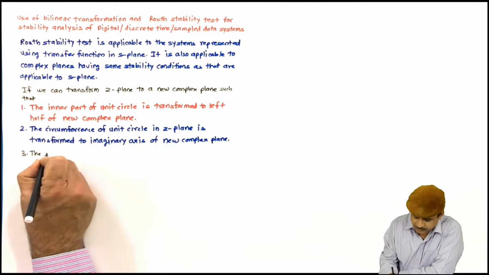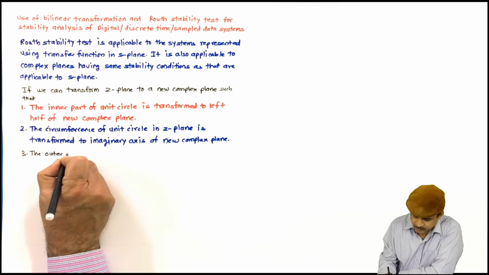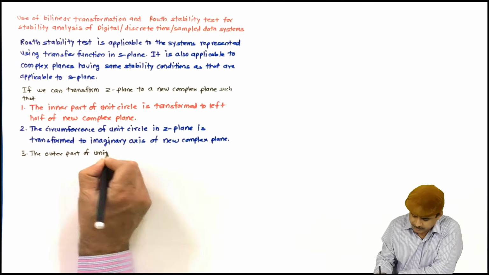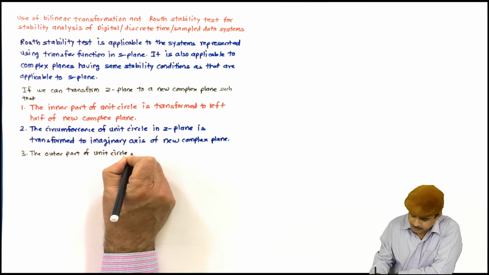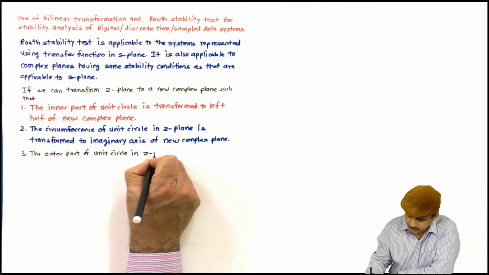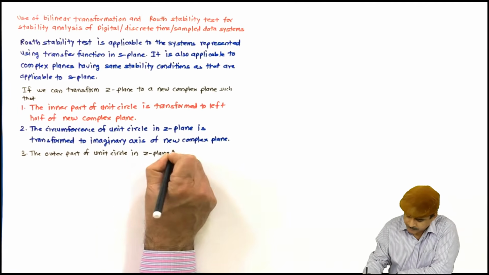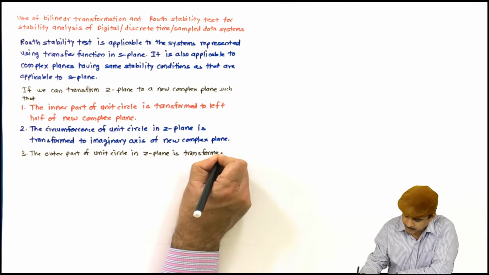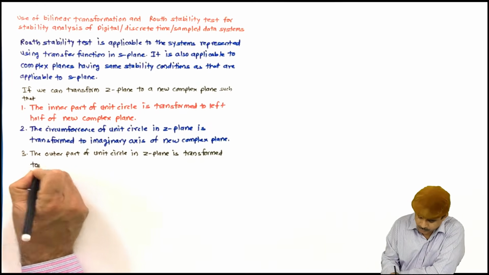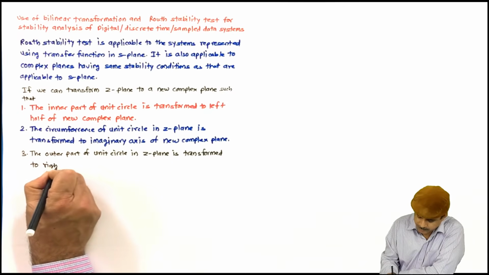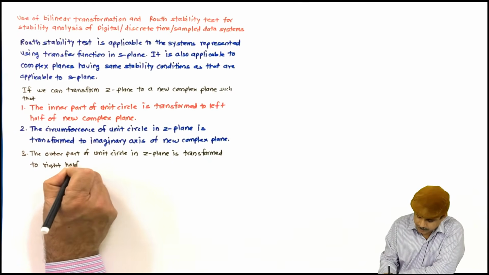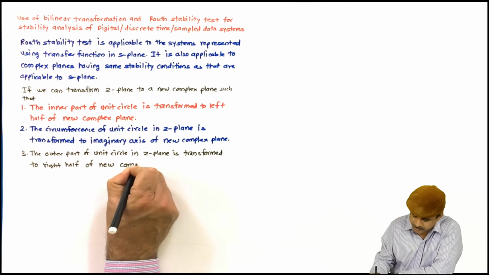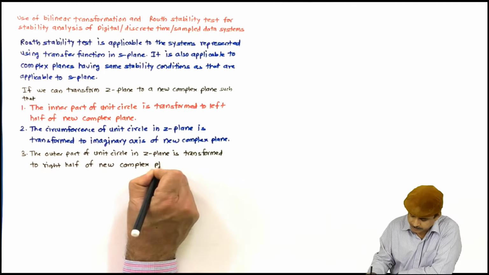And the outer part of unit circle in Z plane is transformed to the right half of the new complex plane.